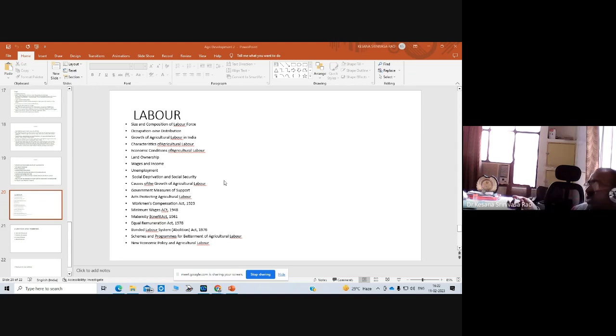In that way, social deprivation is also taking place, because they may not stay in one place continuously, and they search for work in different places, searching for the type of activities where they can participate.